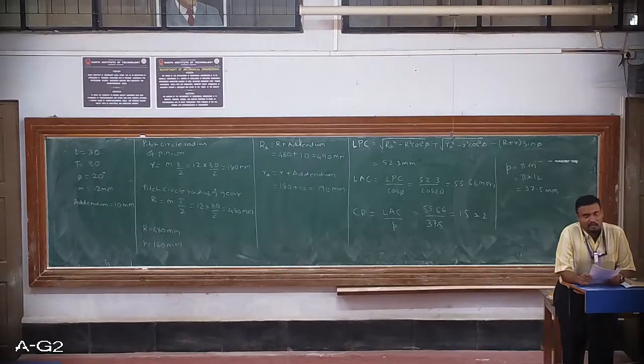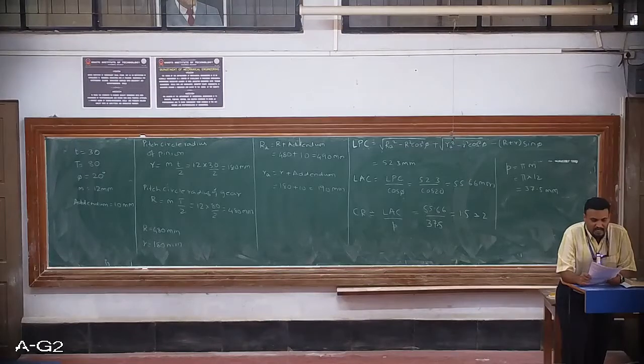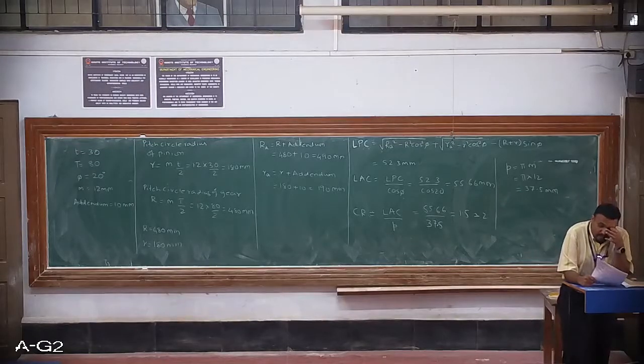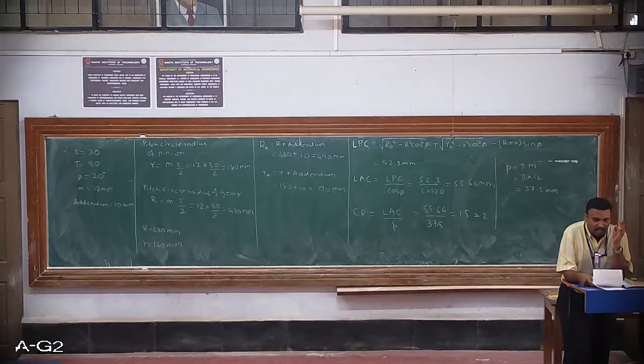Capital T you can obtain using the gear ratio: gear ratio is 2 and small t is 20. Substitute that value of capital T and obtain the pitch circle radius of the gear. So we now have small r and capital R. Now the radius of addendum circle of pinion, small ra, is small r plus addendum, and the radius of addendum circle of gear, capital Ra, is capital R plus addendum.